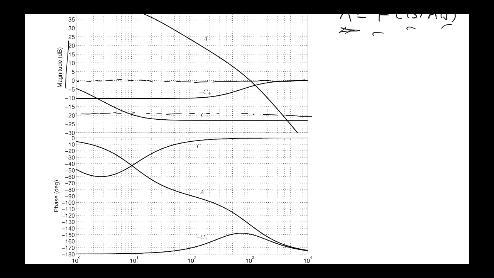Whereas the lag compensator, the pole starts rolling you off and then the zero flattens you out. And of course, the pole is always giving you negative phase and then the zero flattening you off here brings you back up, right? So that's how you identify lead and lag compensators from a Bode plot, all right?